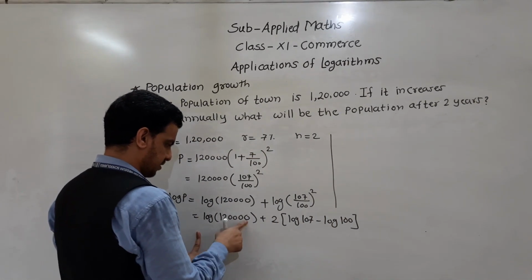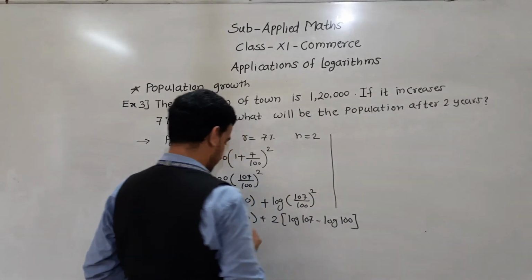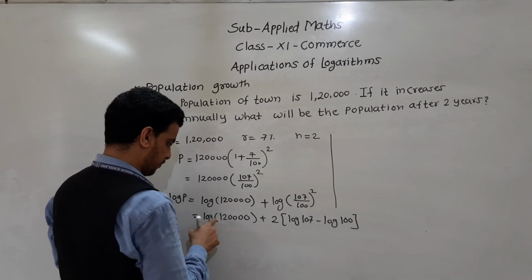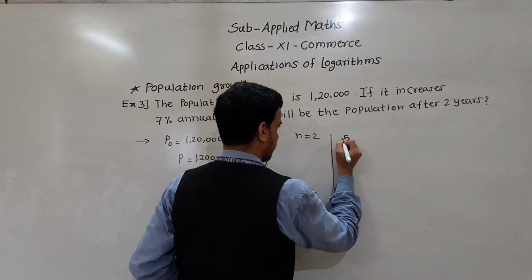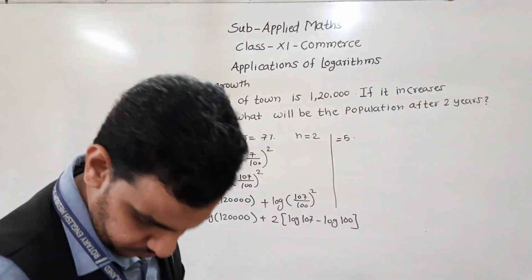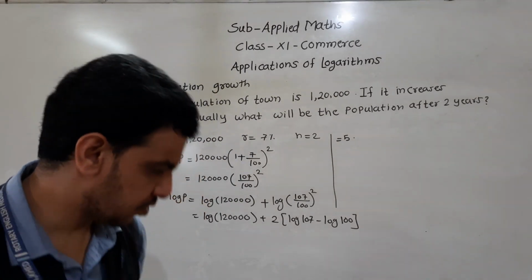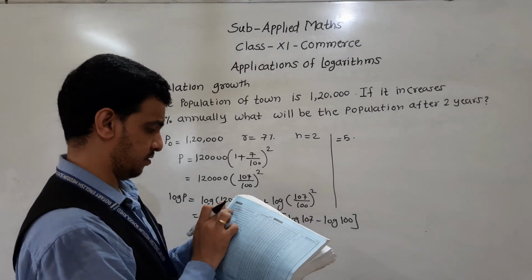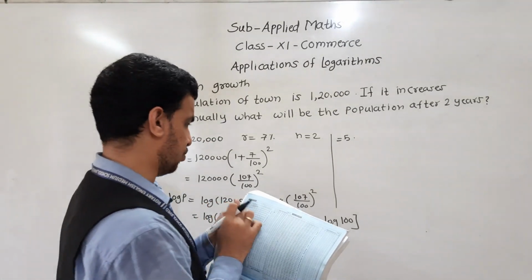Here characteristic is 5: 1 2 3 4 5. So 5 point in 12th row, it is 0792.